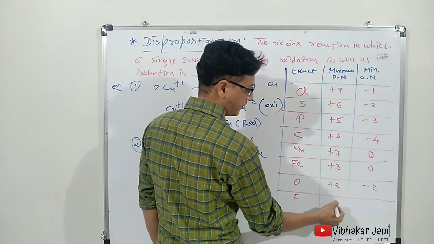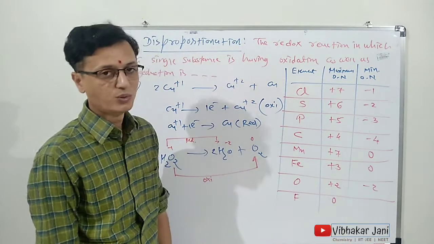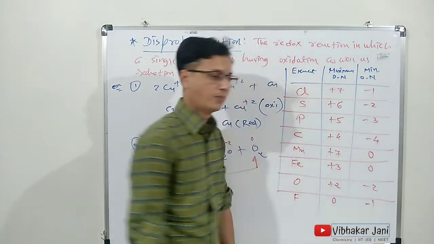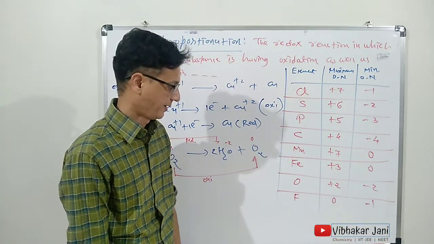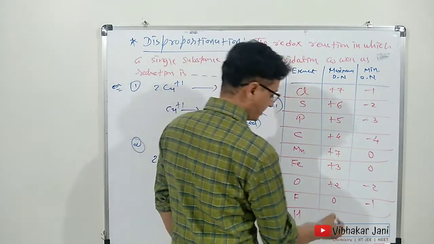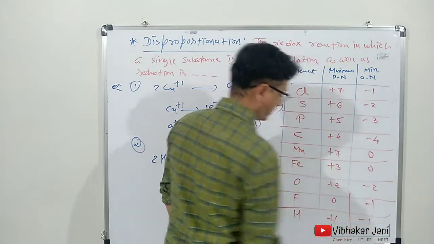Fluorine can have maximum oxidation state 0 and minimum oxidation state -1. And last but not least, hydrogen can have maximum oxidation state +1 and minimum -1.